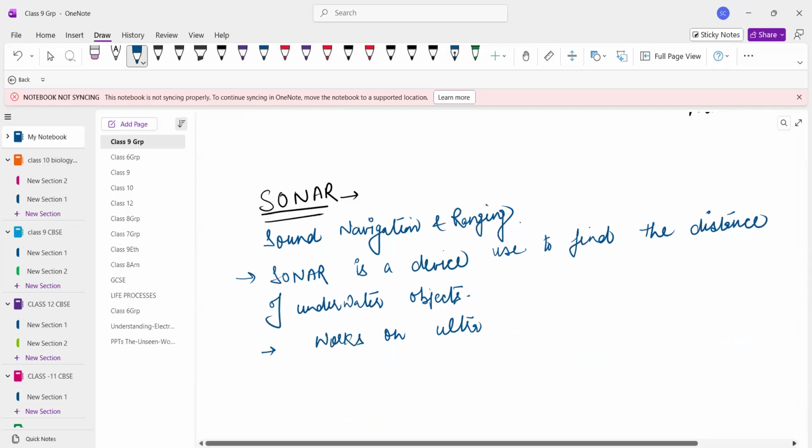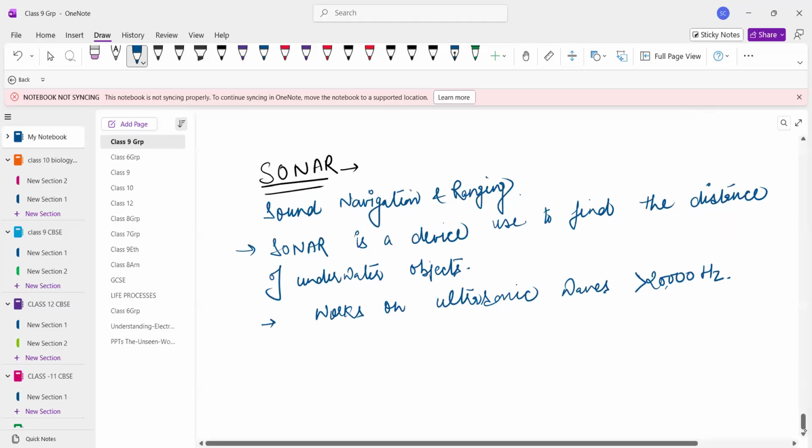What is the frequency of ultrasonic waves? Above 20,000 hertz. Below 20 hertz is infrasonic. And between 20 to 20,000 is sonic waves, or the audible range.